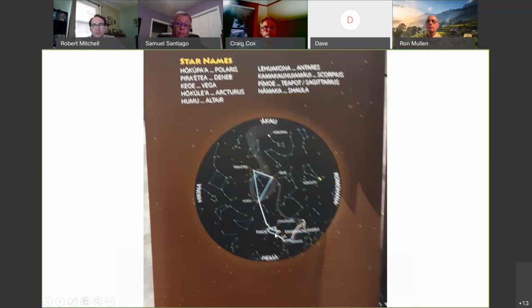And going down, it incorporates Sagittarius, Pimoe, and Scorpius. No, I'm not going to try that one either. I might be able to manage Antares, Lehuacona. And that's the one that's high up in the sky in our summer.